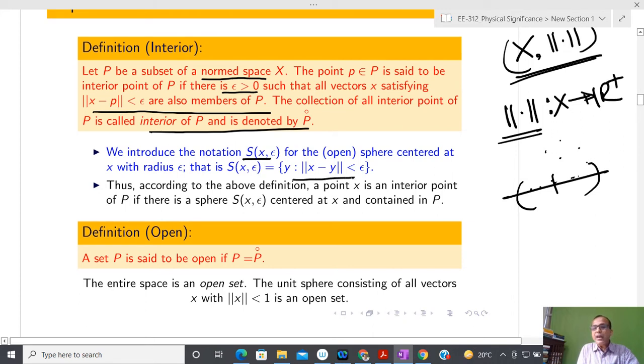So we are going to define the ball or sphere with the help of the norm. Suppose you are in one dimensional space, then at that time this is given by the absolute value, because in one dimensional space the norm and the absolute value are exactly the same.